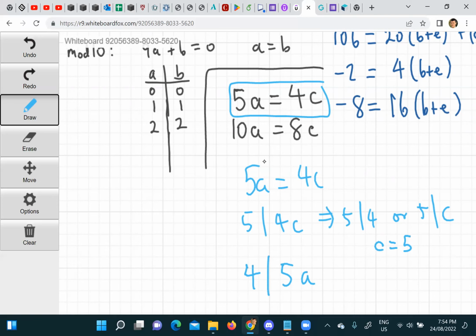So if 4 is co-prime to 5, then you can conclude from this that 4 divides A. Does that make sense? Yeah. So A can only be like 4 or 8 then, right? Or 0. 4, 8 or 0, but it can't be 0 just as you said. And then C has to be 5. But obviously if you combine them it's just 4 and 5.